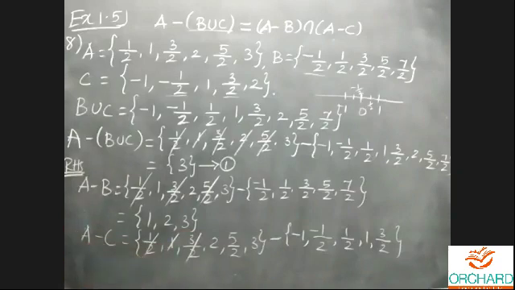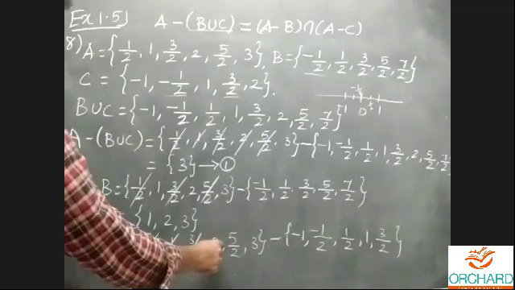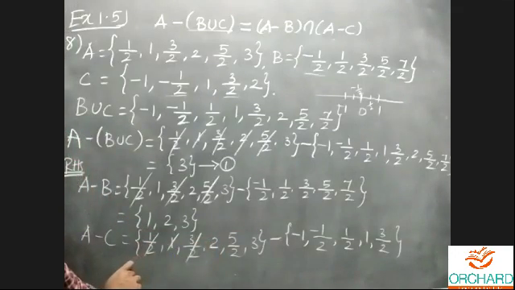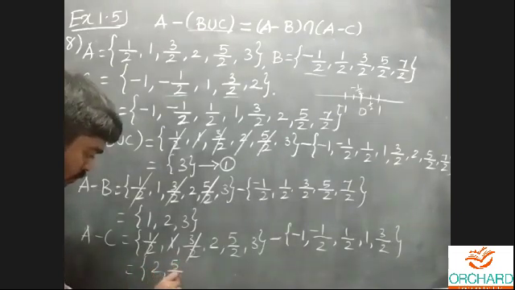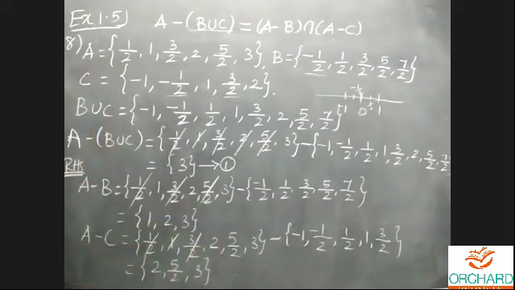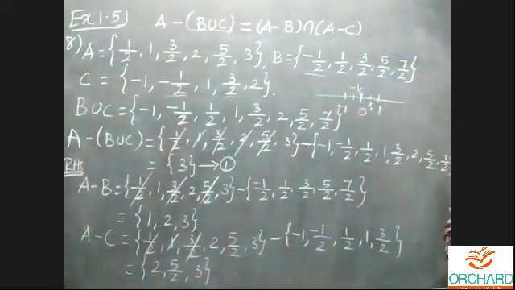Only the 3 elements are common between the sets A and C. Now we'll write down the remaining elements. Which are the remaining elements? 2, 5 by 2, 3. Now we can copy up to this and then you can identify the final answer.